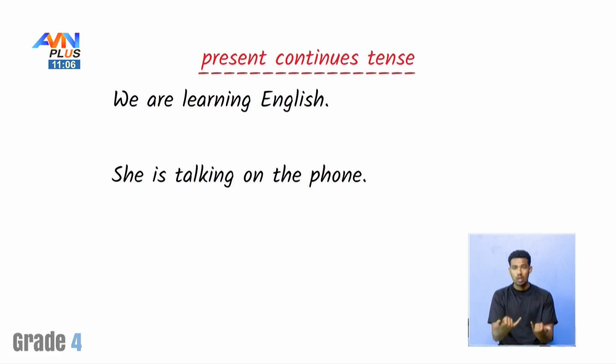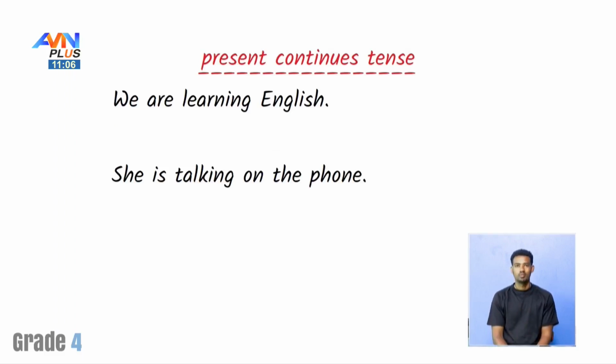This is the use of present continuous tense. You can use it to express a temporary action and also a future plan, and also you can use present continuous tense to describe the action happening right now.